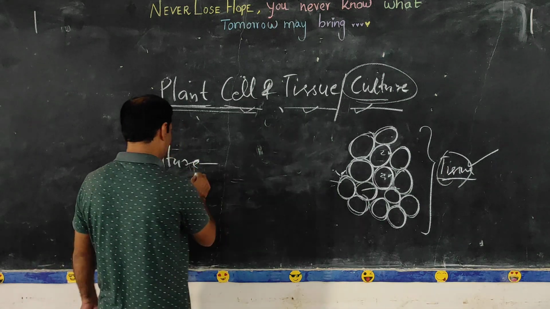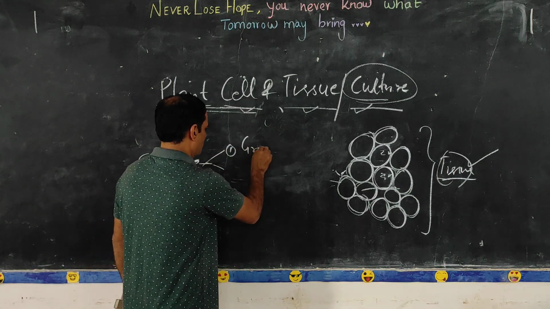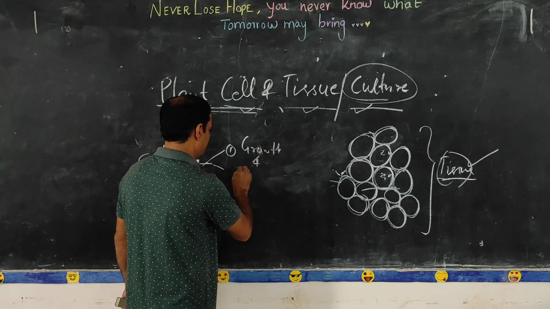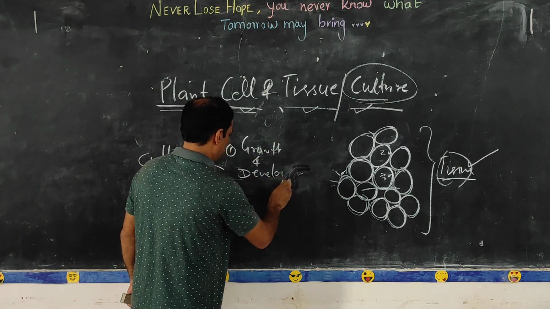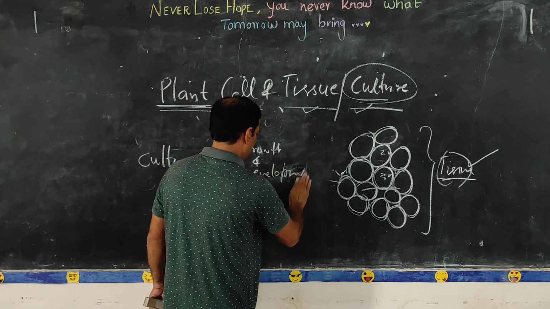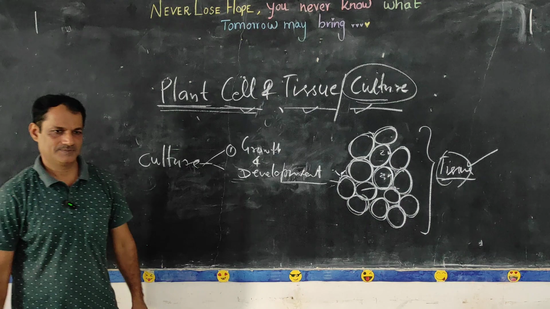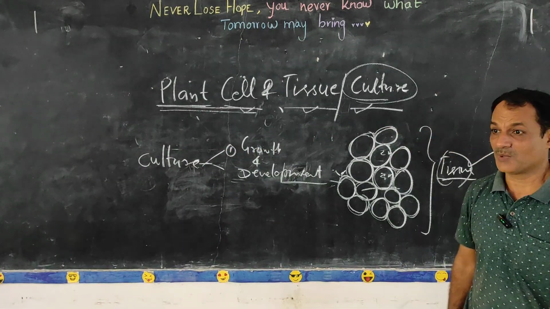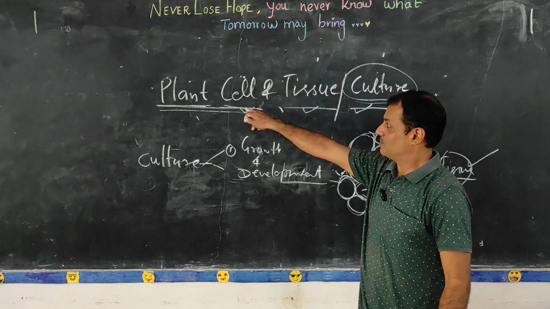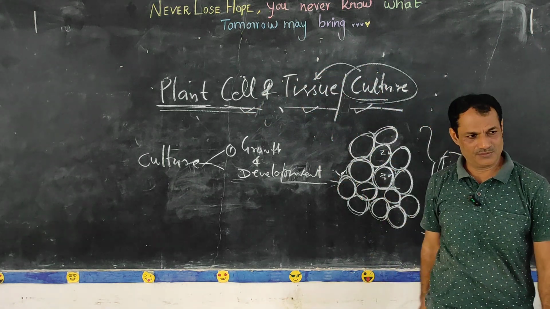Here, in this case, culture means two points: growth and development, right? Of what? Growth and development of plant cell, growth and development of plant tissue, right?